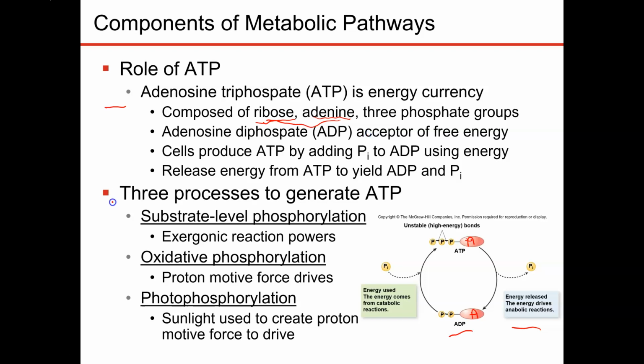The 3 mechanisms in producing ATP start with substrate level phosphorylation. It sounds really confusing. It sounds like a big term, but it's really simple. You add a phosphate to a substrate. A substrate is just whatever you're working on. So if you say you are an artist and you use clay and you build things, clay would be your substrate.